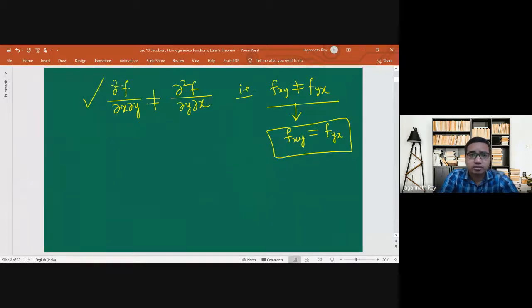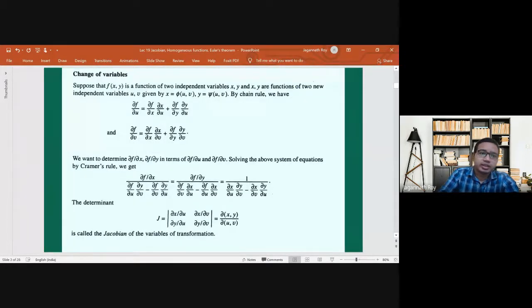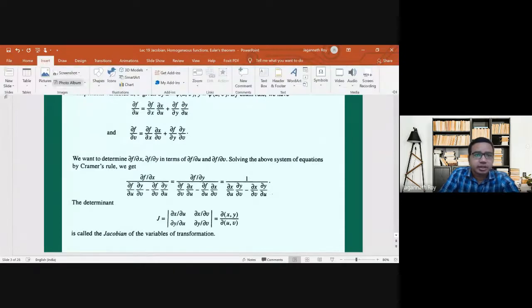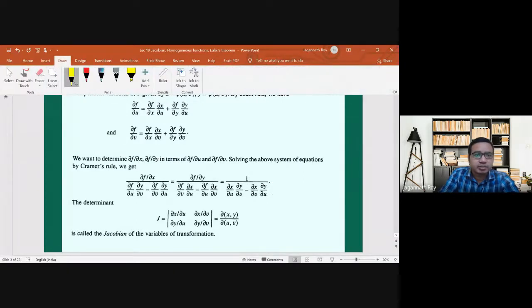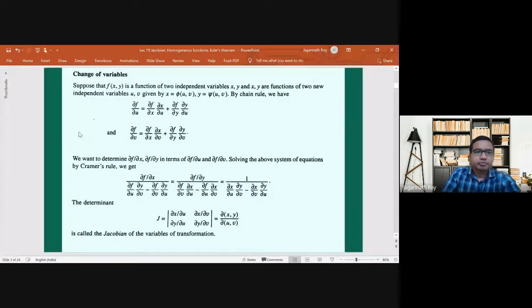So let us move forward and define a new quantity that is called Jacobian. So what is a Jacobian?